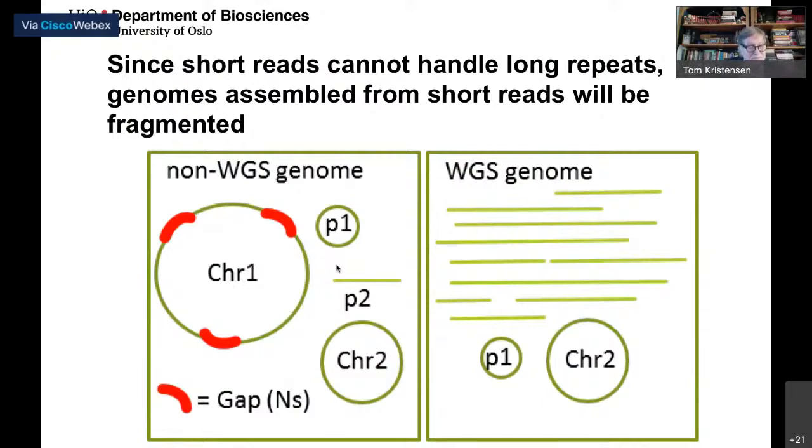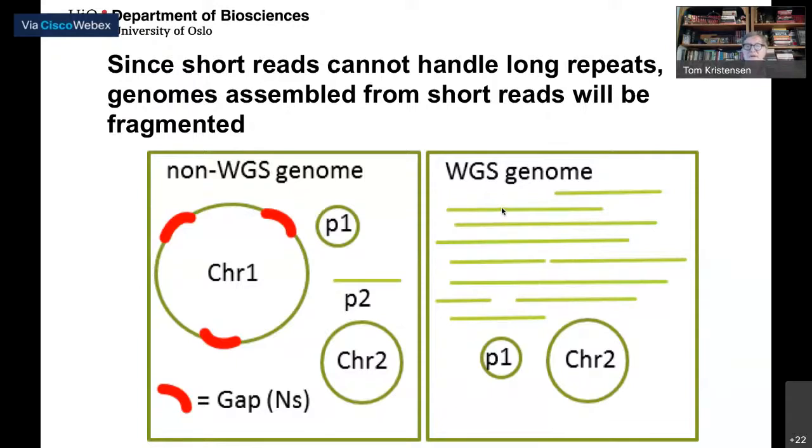If you sequence a bacterial genome these days using short read technology, which I will return to in a little while, you will end up, instead of having a nice circular genome like this one, with a number of contigs, which all together will cover more or less the entire genome, but we will not really know how these ones are arranged relative to each other in the intact genome.